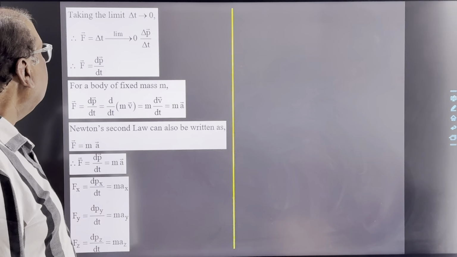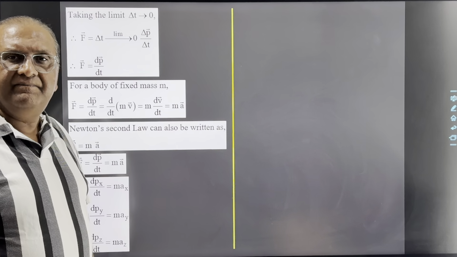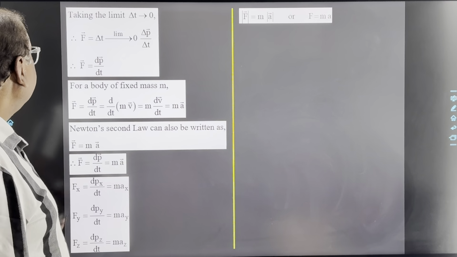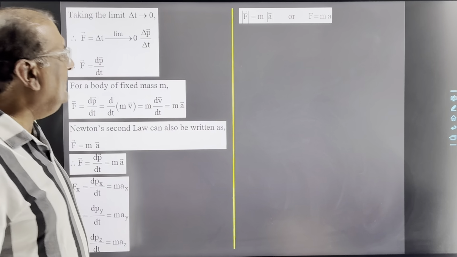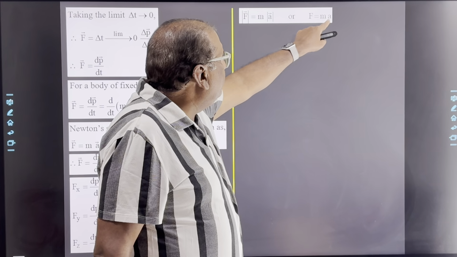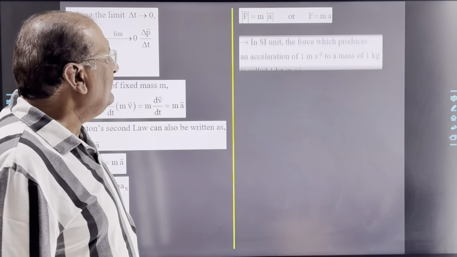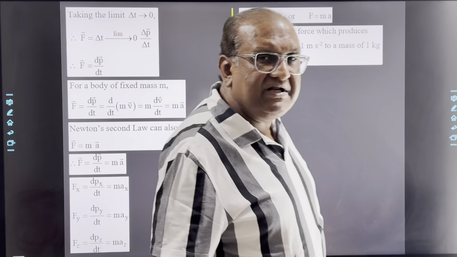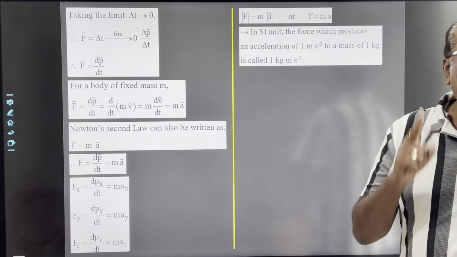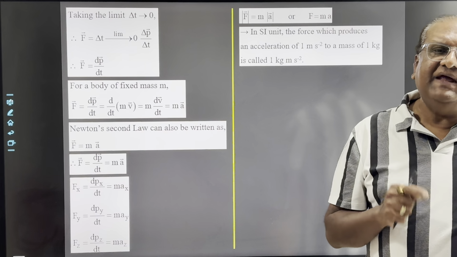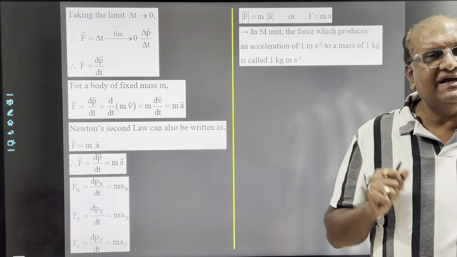Now, see here, from F equal to ma, we can write the unit of force, that is kilogram for mass and meter per second square for acceleration, and this kilogram meter per second square is called Newton. So 1 Newton force is equal to 1 kilogram meter per second square.